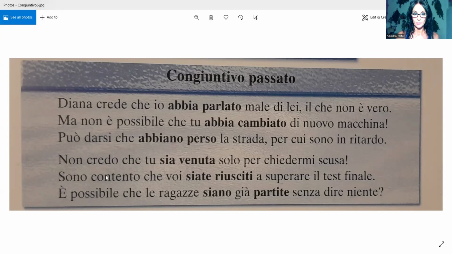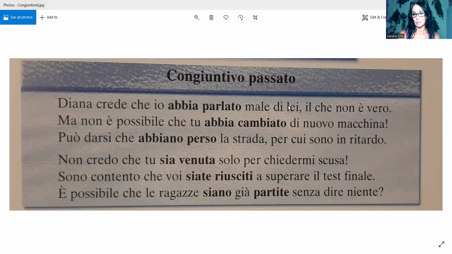The first part will always be in the present tense. So she believes today that something that happened in the past is whatever it is in the sentence.